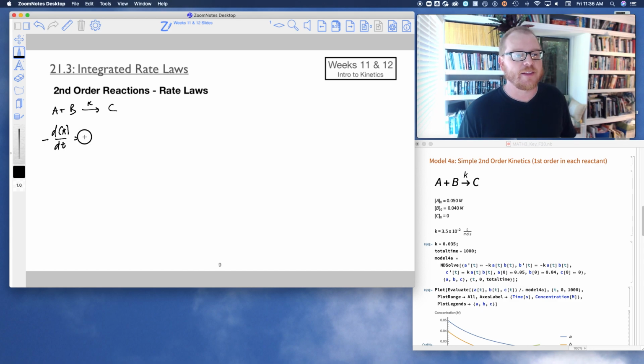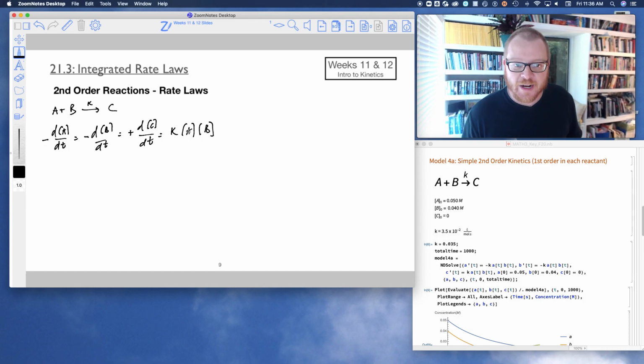I know that's going to be the same as negative dB by dt, which I also know is going to be the same thing as positive dC by dt, and all of that is going to equal k times A times B. First order in A, first order in B, second order overall.